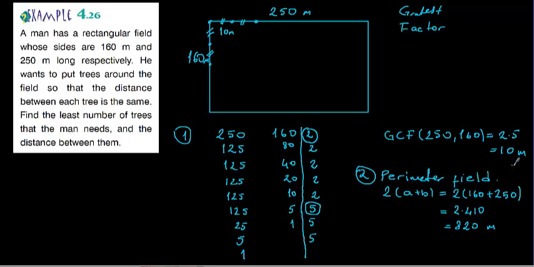For each 10 meters, if we put one tree, it means that we need 820 over 10 trees for the field, and when you divide them, we need 82 trees for the field.